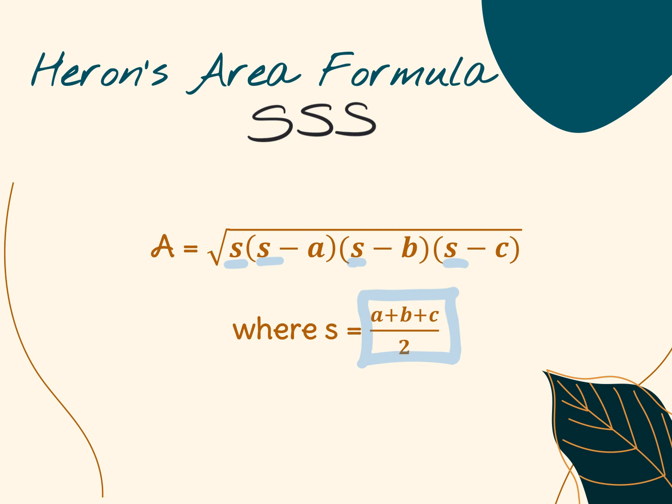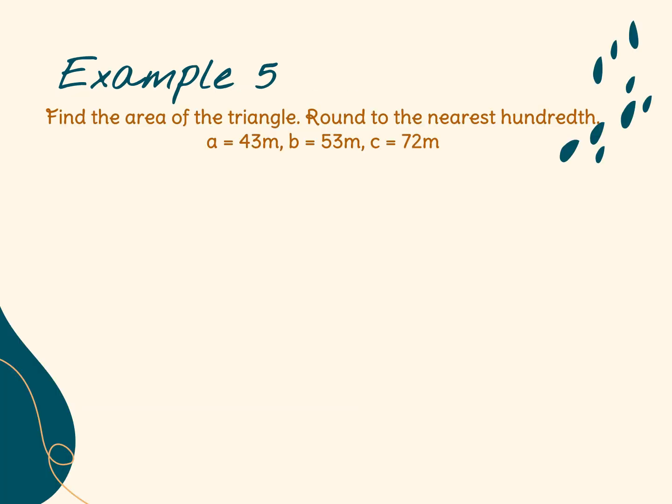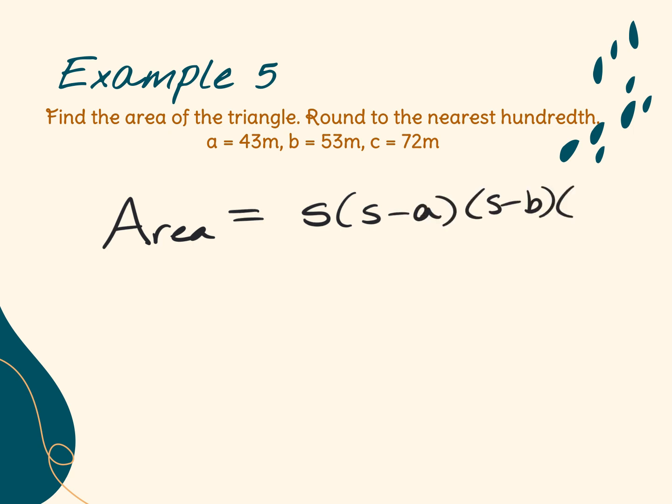That'll give us our S value. So let's try an example. They gave me side, side, side, so I'm going to go ahead and plug it in. And this capital A that's here, remember that's just representing the word area. So side times side minus A, side minus B, side minus C, all under the radical.